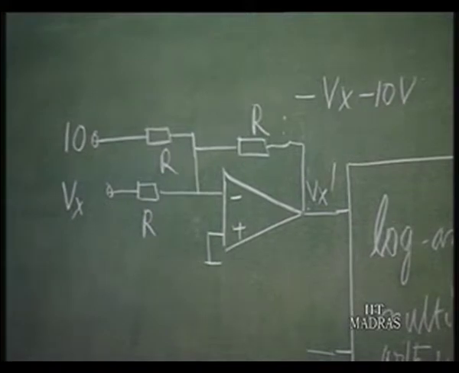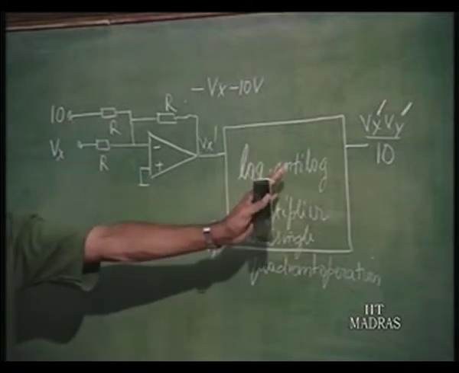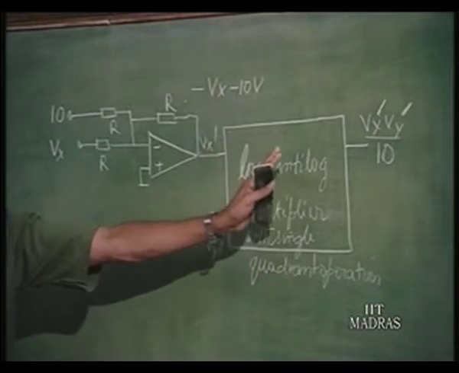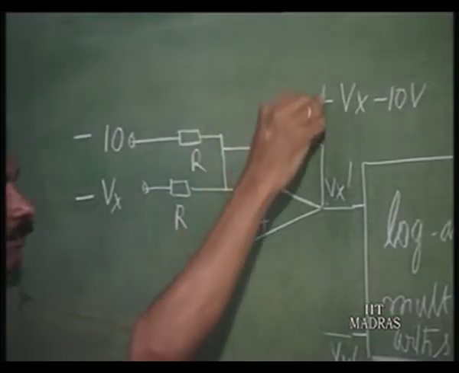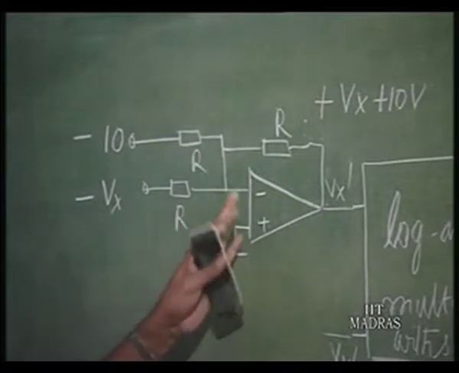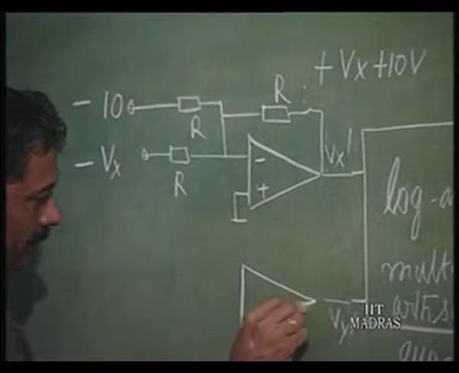So, if this is operating only in one quadrant corresponding to only negative voltages, right. If it is operating with only positive voltages, then what we have to do is apply minus V x and minus 10 volts here, then this will be plus V x and plus 10 volts, or use a summing amplifier which will not give a phase inversion of 180 degree, that also can be done. I just want to illustrate the point.